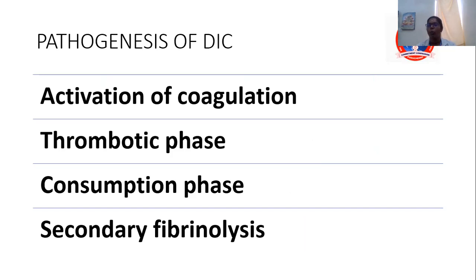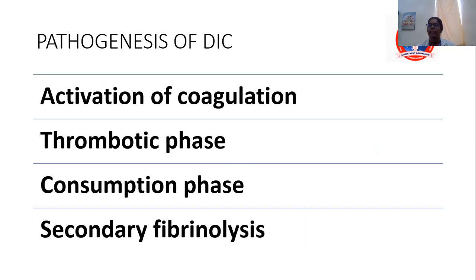Next, we will see the pathogenesis of disseminated intravascular coagulation. First, any insult to our body will activate the coagulation factors. That is the first point: the activation of coagulation.